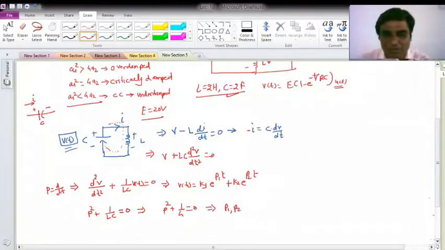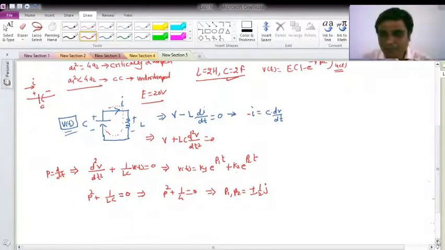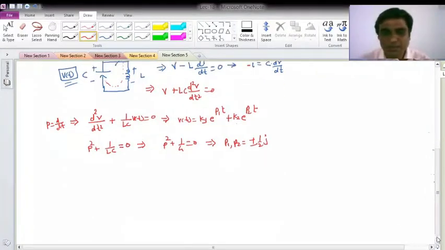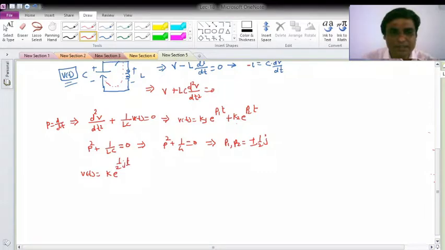P1 and P2 will be plus minus half j. There will be now imaginary roots. So the equation for the voltage at any time t you can write as K1 e raised to half jt plus K2 e raised to minus half j into t.